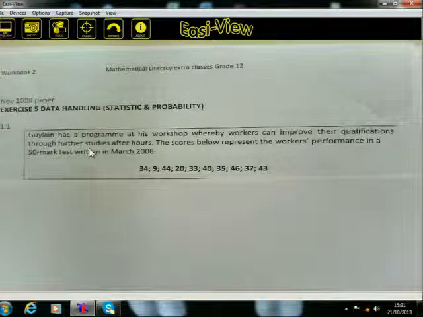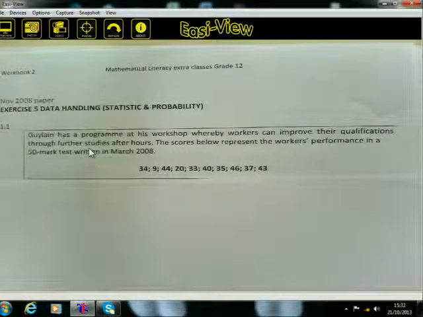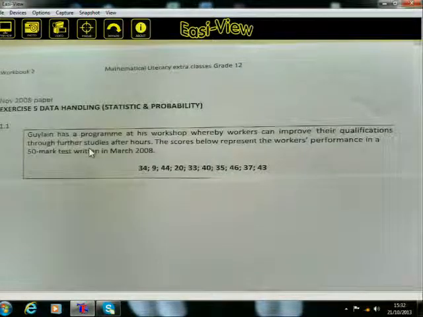There is a given data of scores. Let us start with the numbers or data: 34; 9; 44; 20; 33; 40; 35; 46; 37; 43.